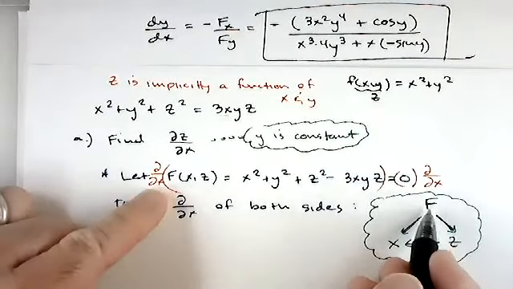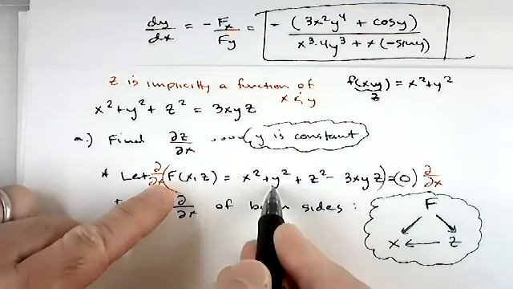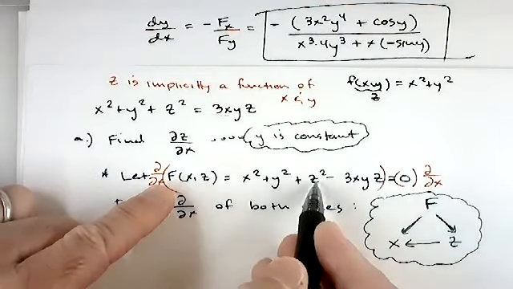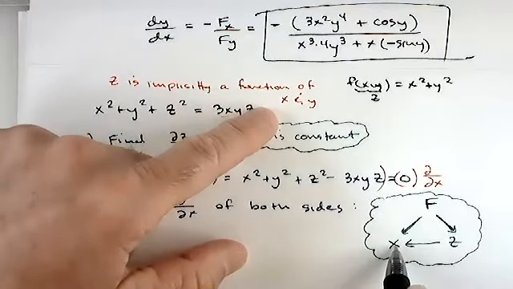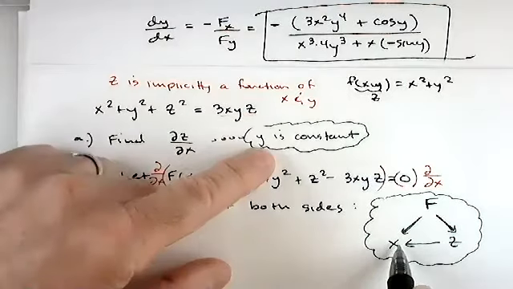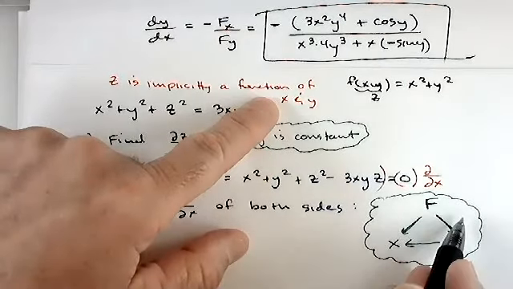Because what I wanted you to see here was that, yes, f is a function of x. It's also a function of z, but we're treating z as a function of x as well. Right now we're pretending y is a constant. So this would be my mapping.